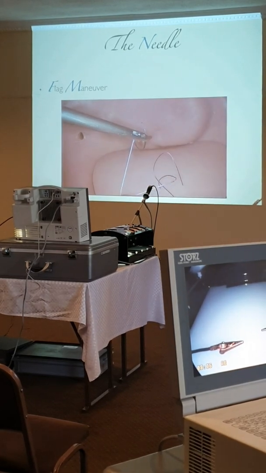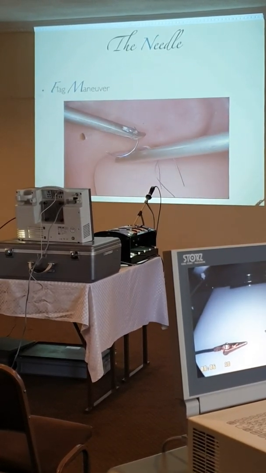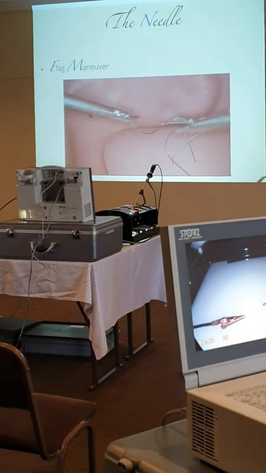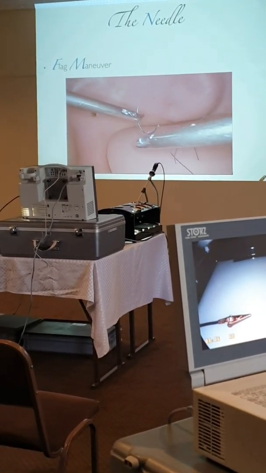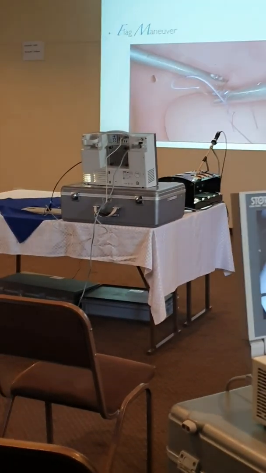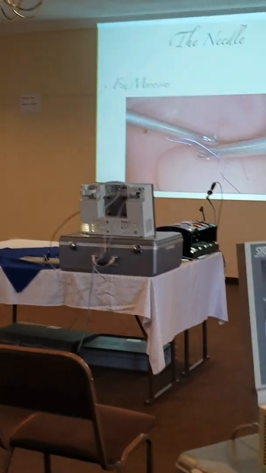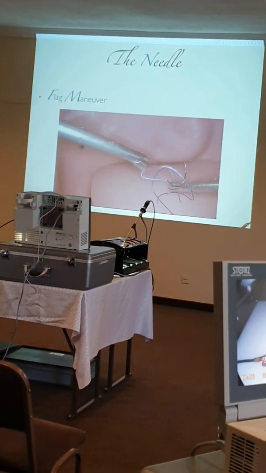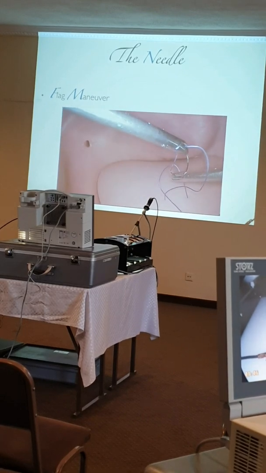And why do you make this maneuver? To change the orientation of the needle to make a direct suturing or a reverse suturing. Reverse is used in particular situations when you need to change the direction of the needle.